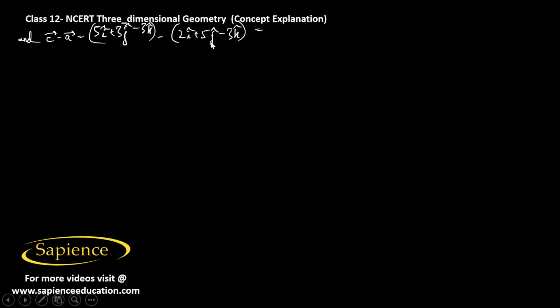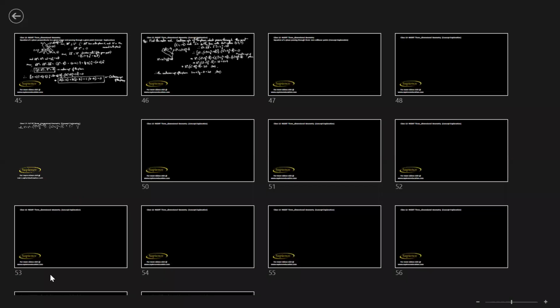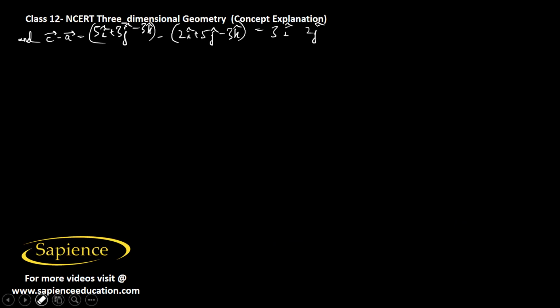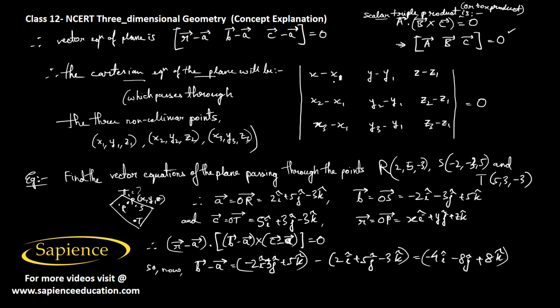So that would be equal to 3i cap minus 2j cap. Sorry, there's something wrong here. 3i cap minus 2j cap. Okay. So this is C vector minus A vector, and B vector minus A vector is this.